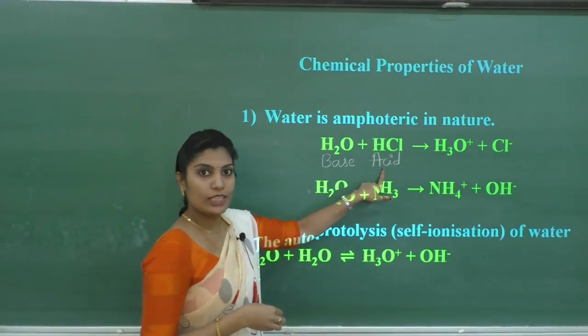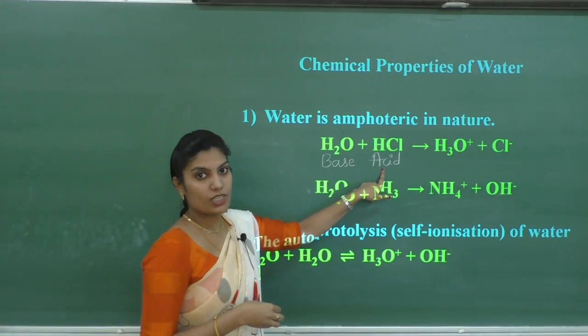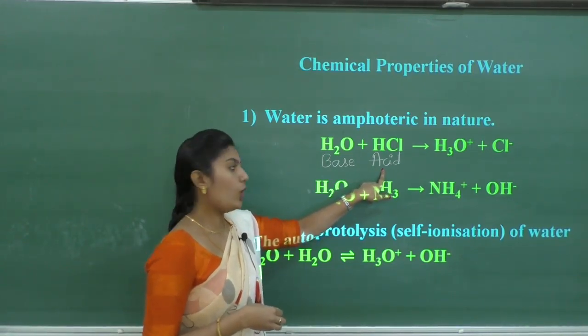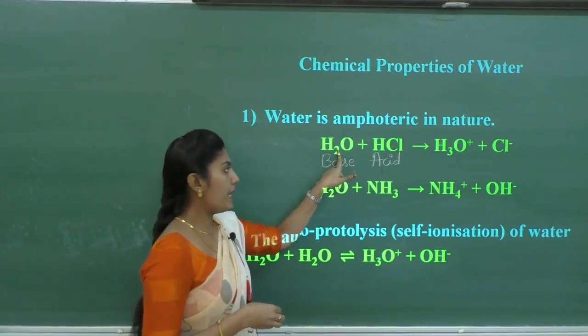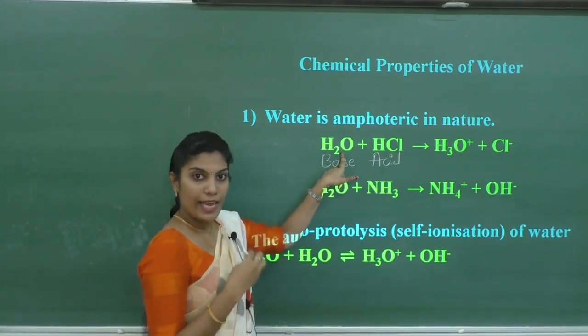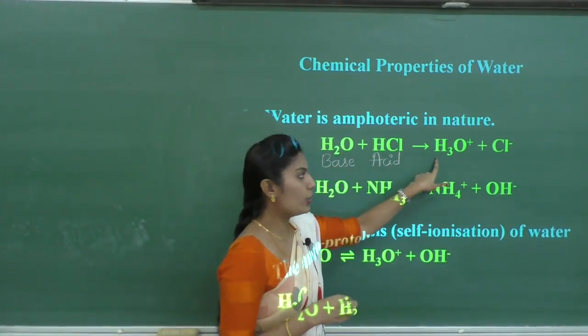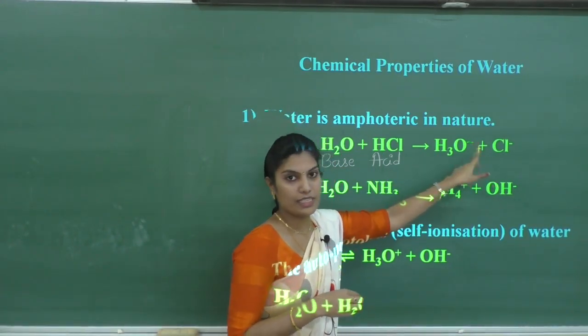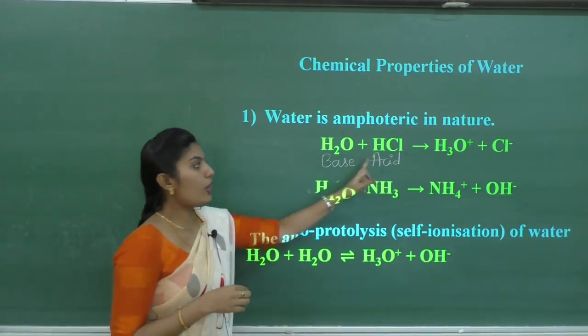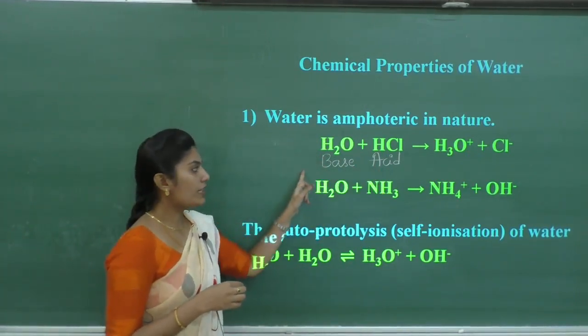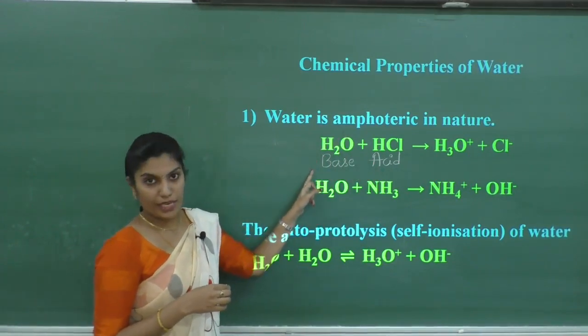This acid will donate a proton. Proton is nothing but the H plus ion. When this acid donates a proton to this base, it will take up the H plus ion and going to form H3O plus, and Cl minus will be formed in the reaction. In the case of an acid, the water itself behaves as a base.